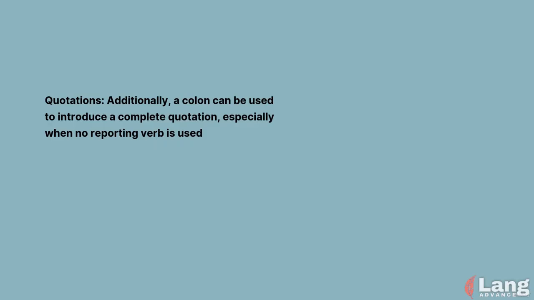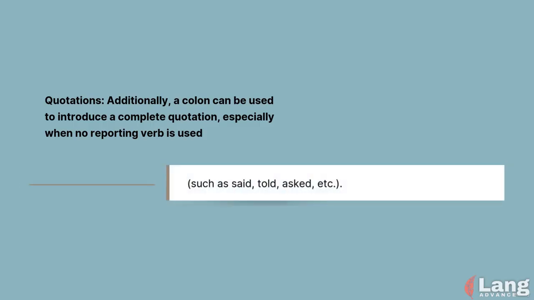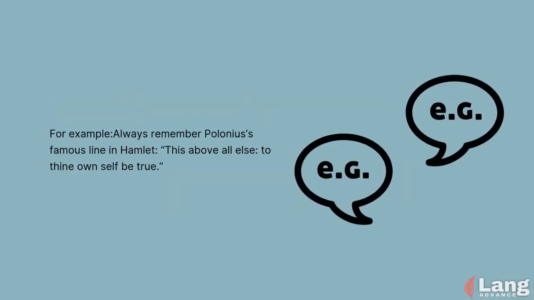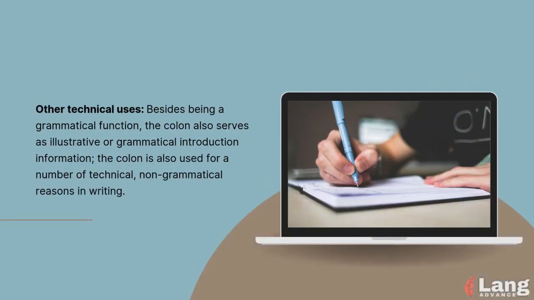Additionally, a colon can be used to introduce a complete quotation, especially when no reporting verb is used, such as said, told, asked, etc. For example, always remember Polonius's famous line in Hamlet: "This above all else: to thine own self be true."